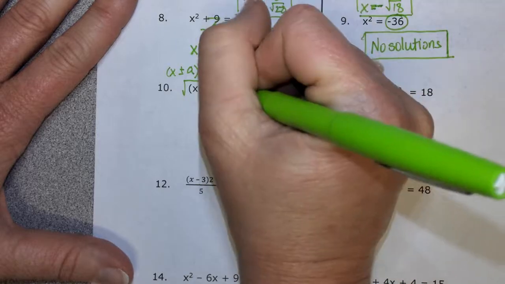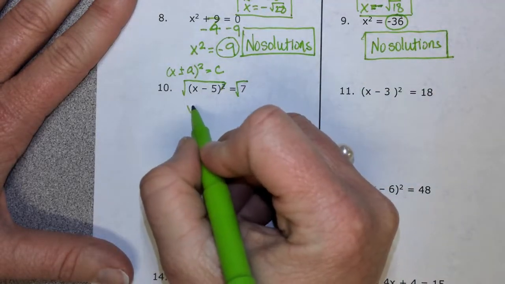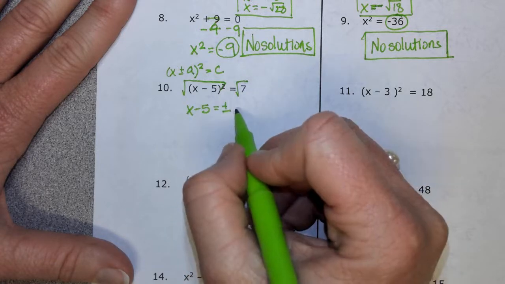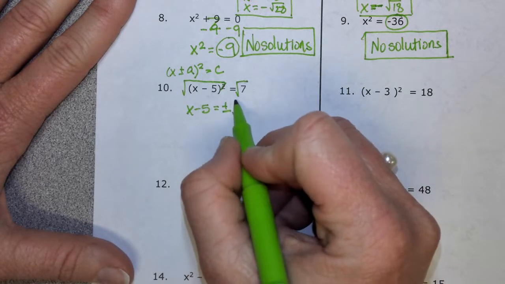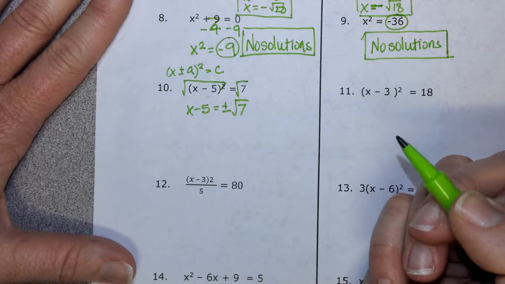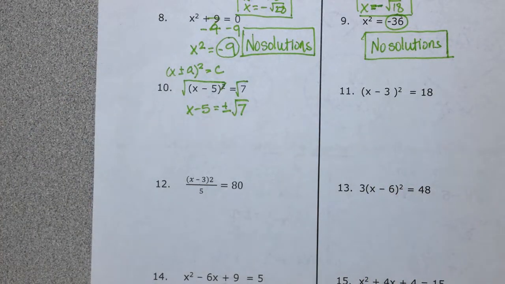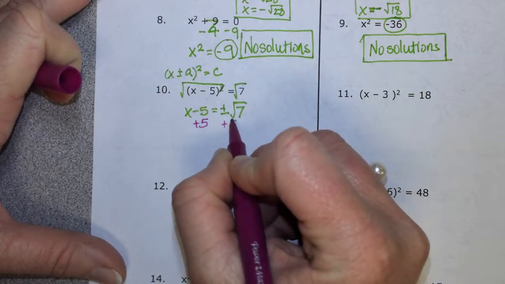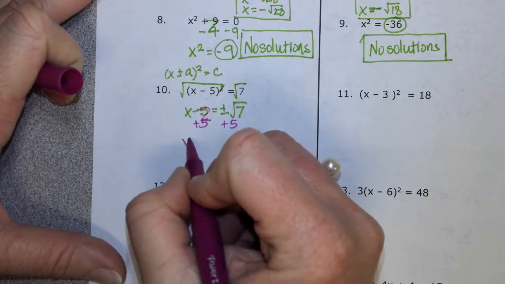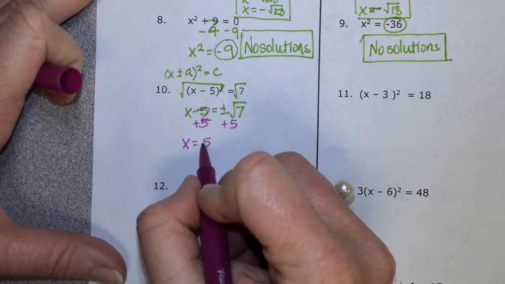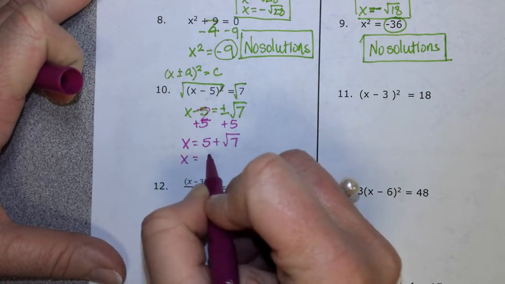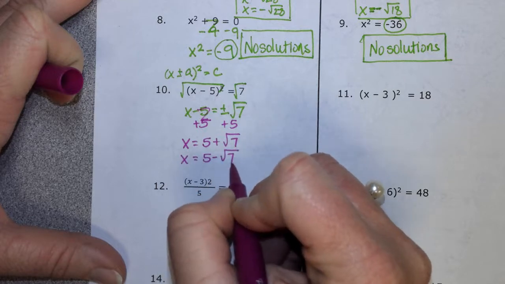So for the x minus 5 squared, the squared's going to go away. So we have x minus 5 equals plus minus, and since 7 is not a perfect number, we'll just leave it as the square root of 7. Okay, and now to solve for x, we're going to add 5 to both sides. So we have x equals 5 plus the square root of 7, and x equals 5 minus the square root of 7.